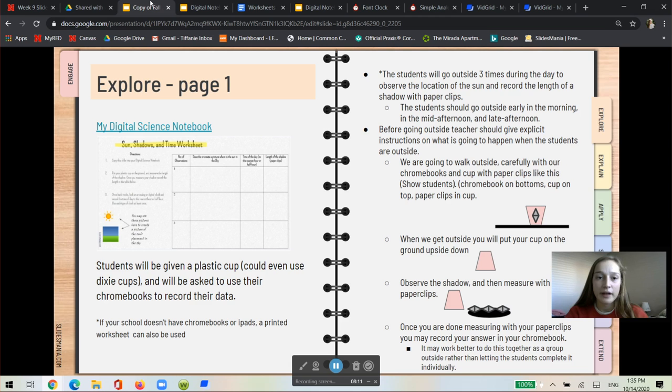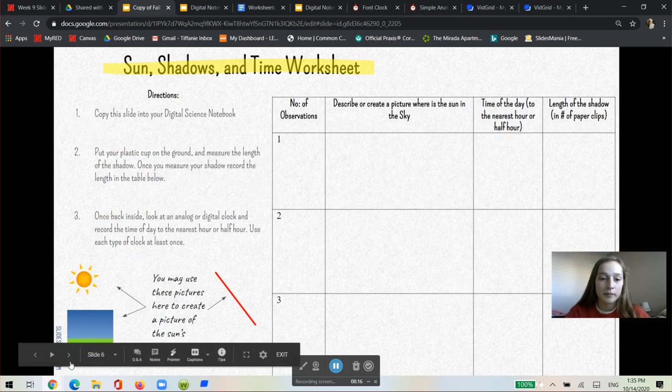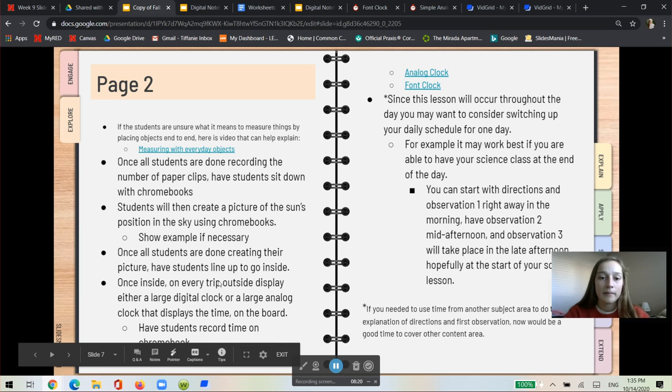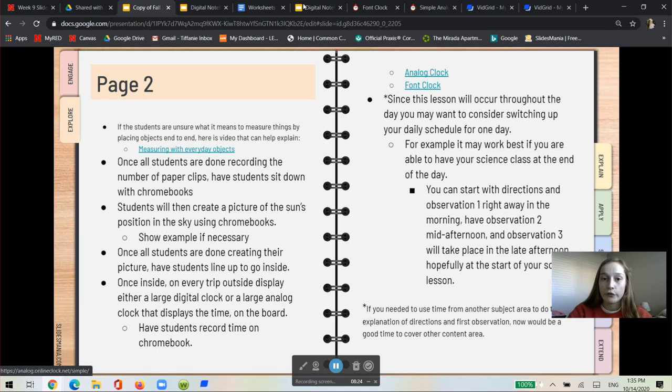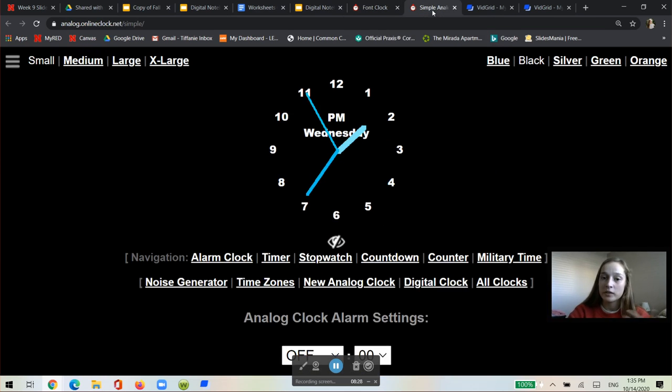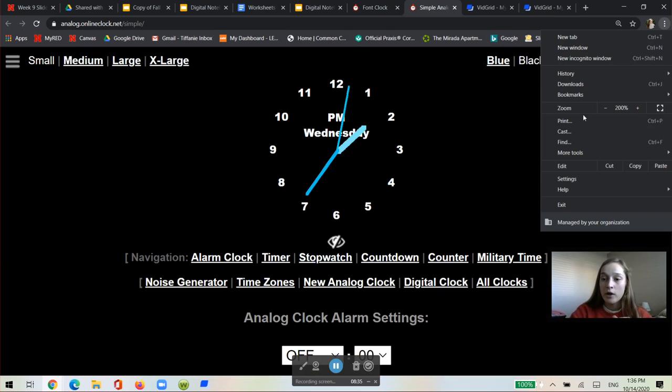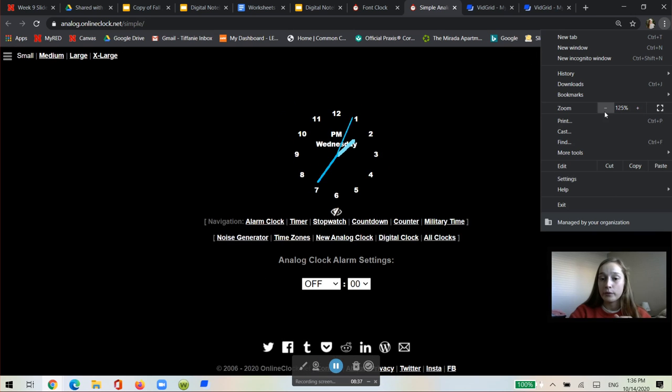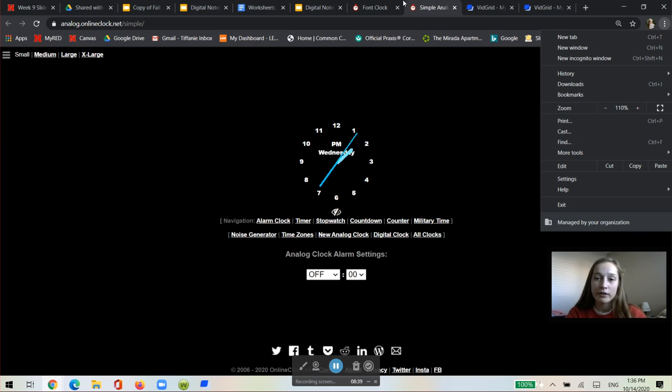I have these links here for analog clocks, and here's an analog clock. You can zoom into this and make it as big as you want and post it up on your whiteboard or your smartboard or whatever you have in your classroom.